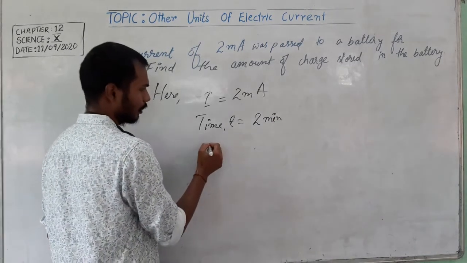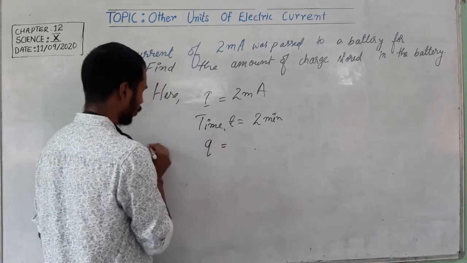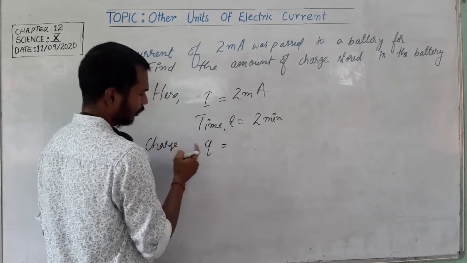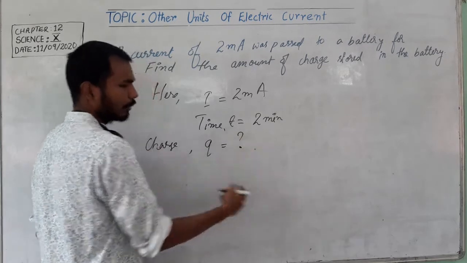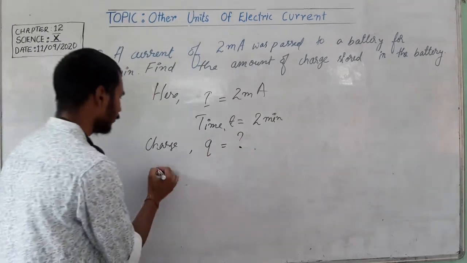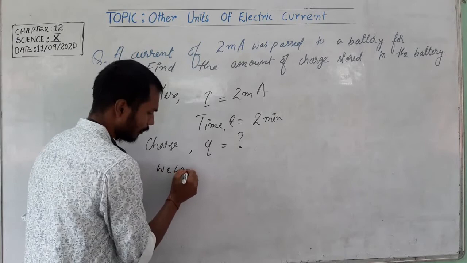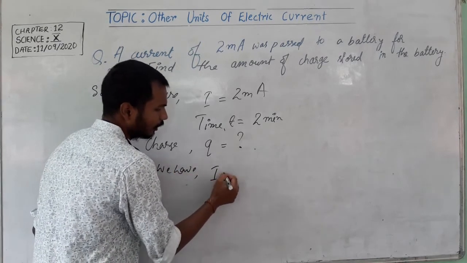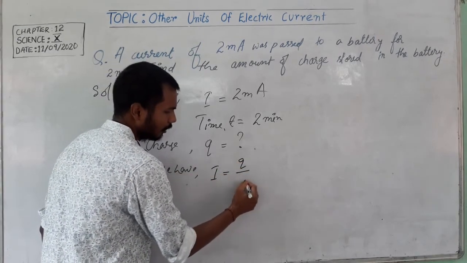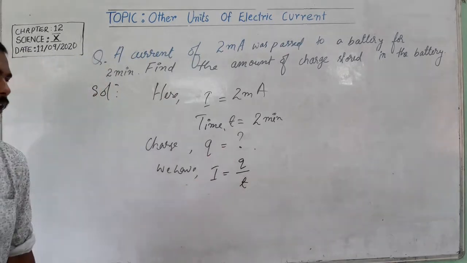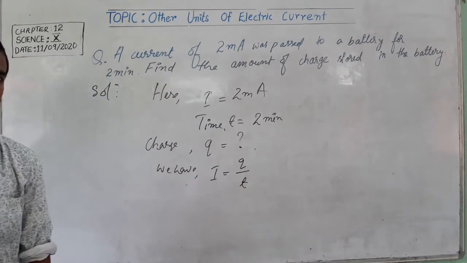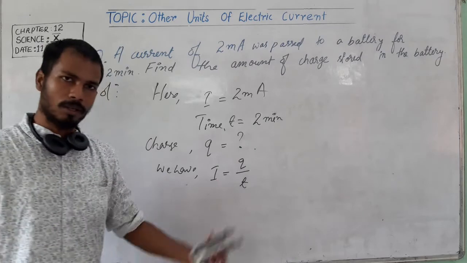So charge Q is equal to question mark, not given. Now we have current is equal to charge by time, as per the definition of current, which is charge per unit time or rate of flow of charge.